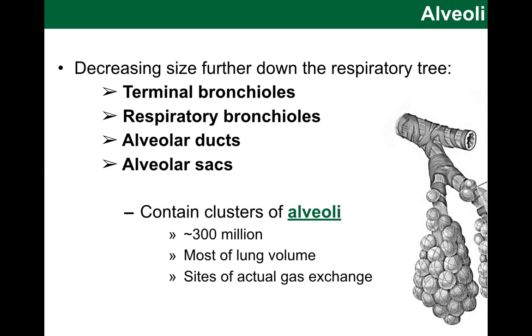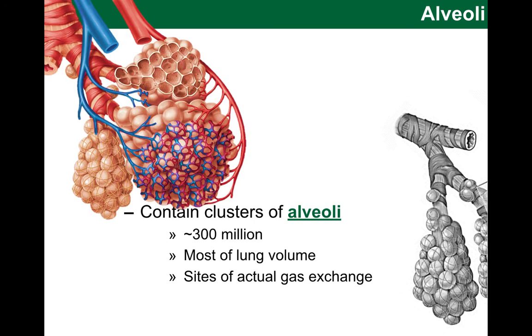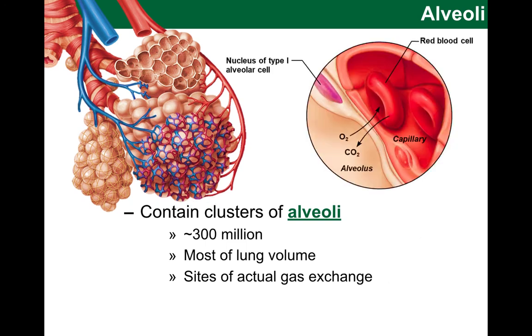It is at this level where the gas exchange happens, and they make up the bulk of the lung volume too. A final point that I want to make is that these clusters of alveoli have a very rich blood supply directly next to them. This capillary network around them and the very thin wall thickness of an alveolus facilitate optimal exchange of gases.